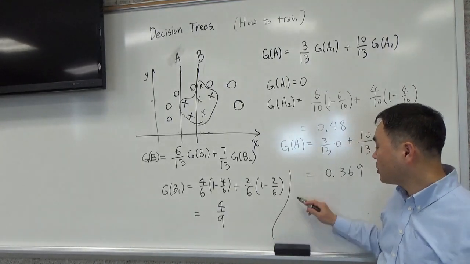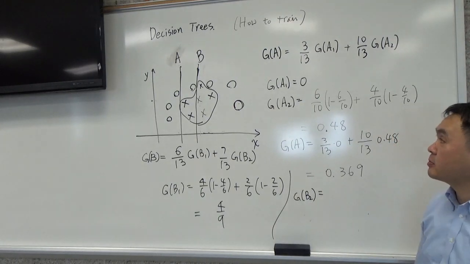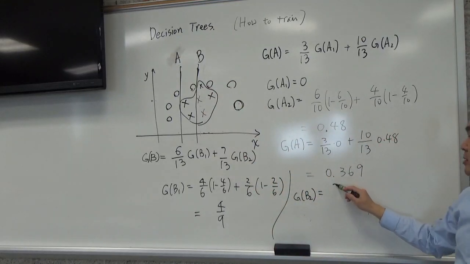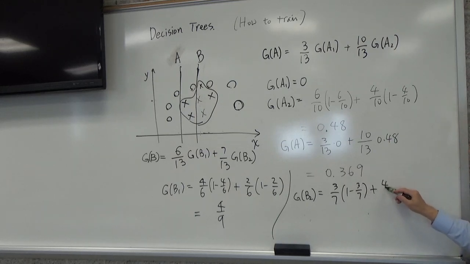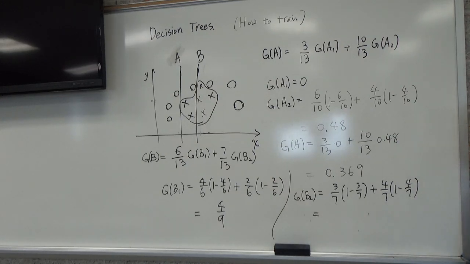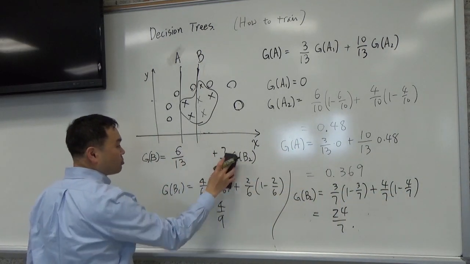But then, what's GB2? 3 out of 7 times 1 minus 3 out of 7, plus 4 out of 7 times 1 minus 4 out of 7. Okay. So what's that? 24 over 49. Okay. All right, so now we can go back and plug in those two numbers.